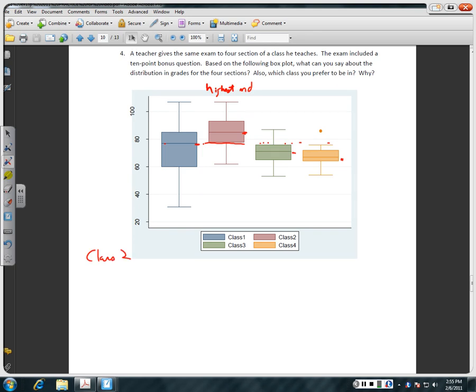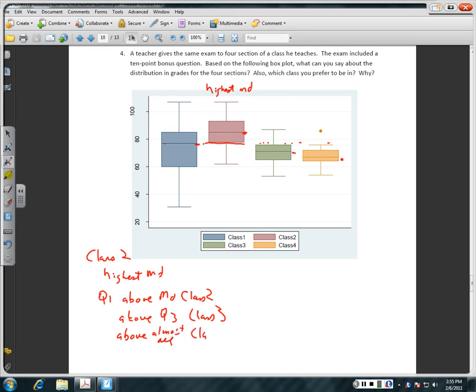I'm going to put highest median, and I'm going to put Q1 is above the median for class 2, and above Q3 for class 3, and above almost all of the values for class 4.